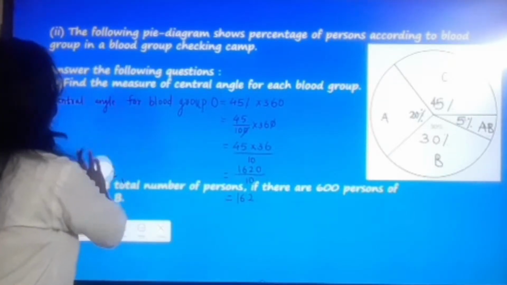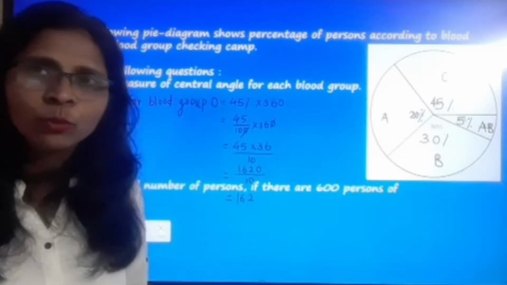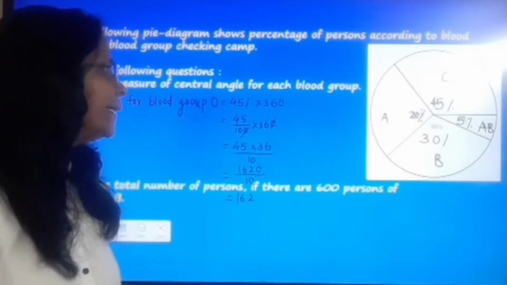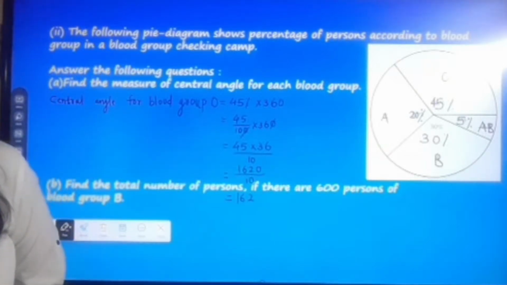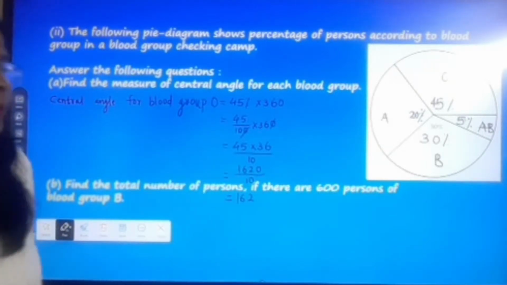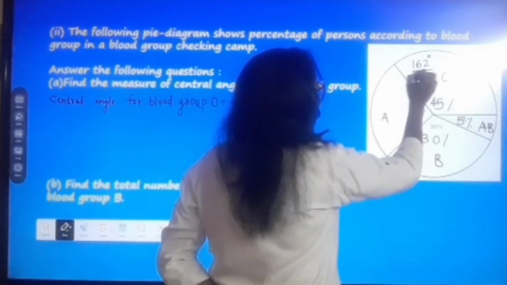So the central angle for the blood group O is equal to 162. Okay, students, here I write down 162 degrees.